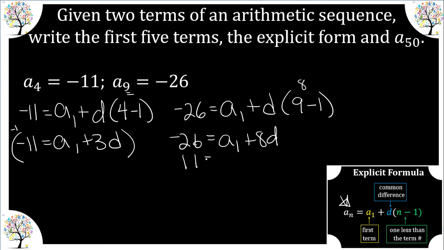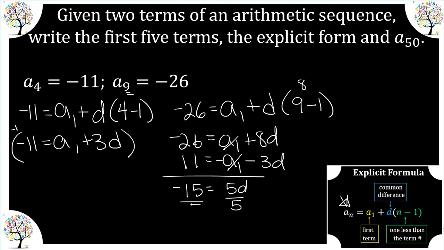This gives me positive 11, negative a sub 1, minus 3d. This gives us negative... our a sub 1's are eliminated, divide by 5, and d is negative 3.